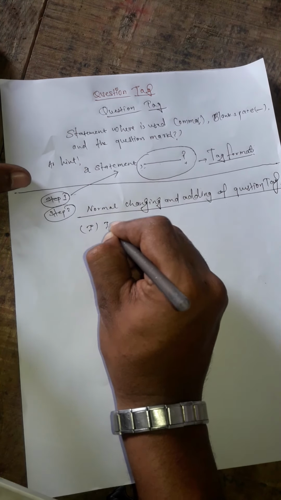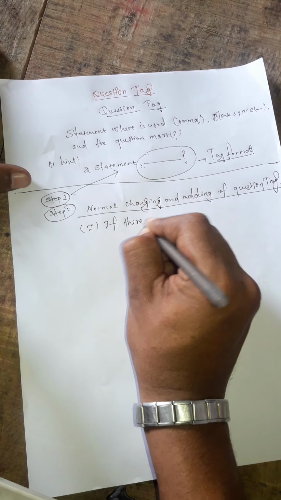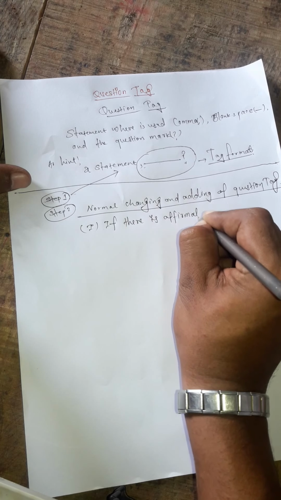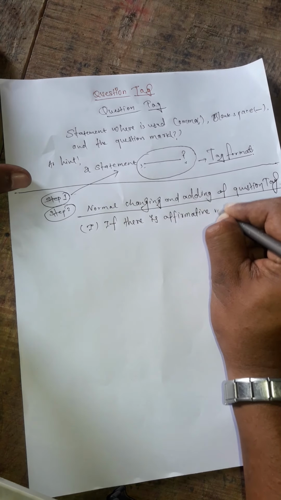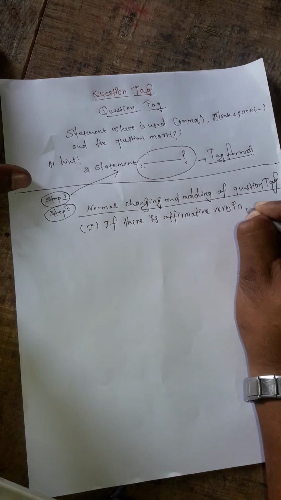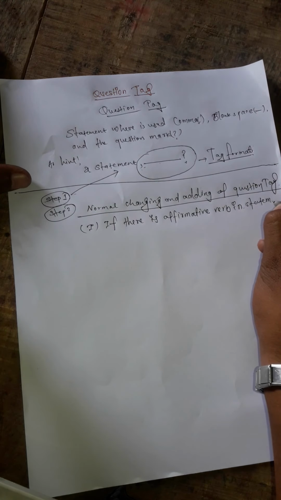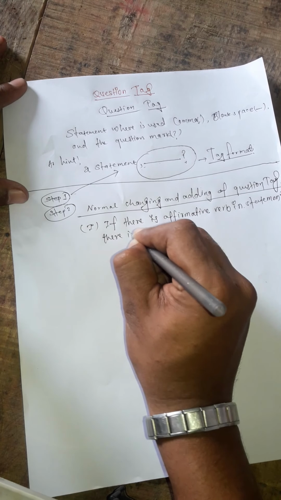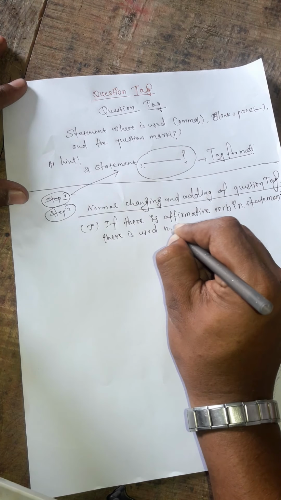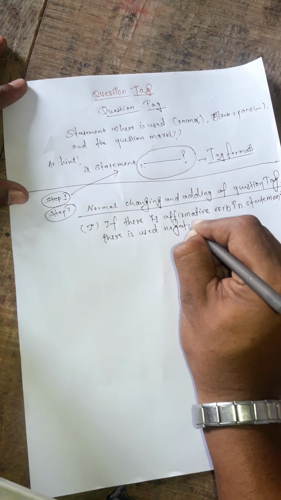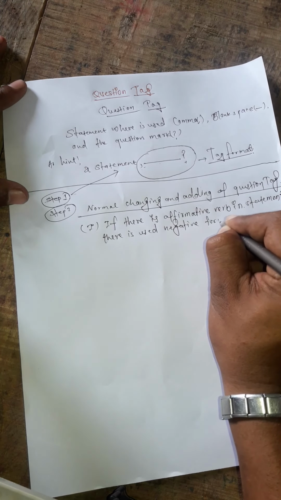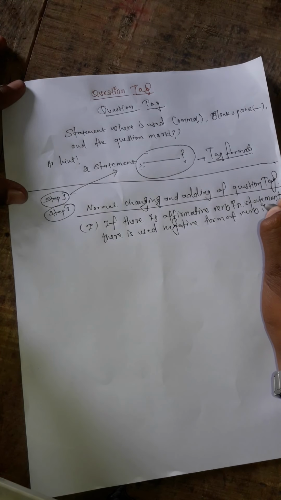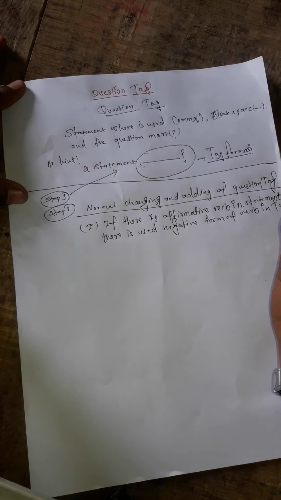Step 1. If there is an affirmative verb in a statement, there is used or added the negative form of verb in the tag.